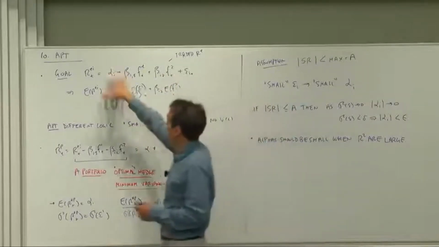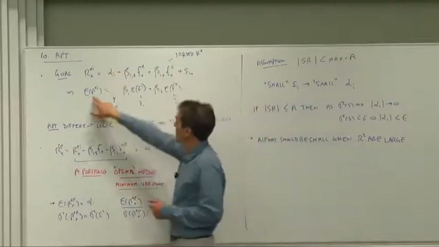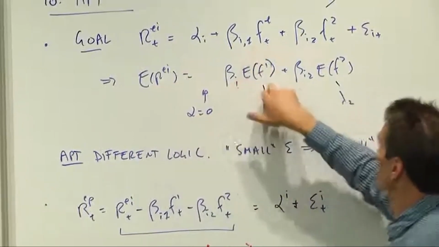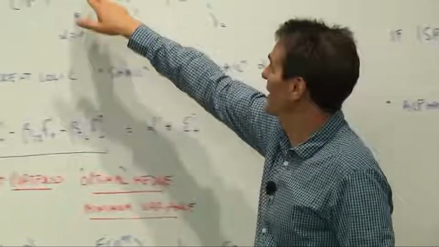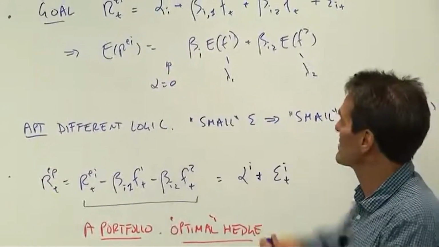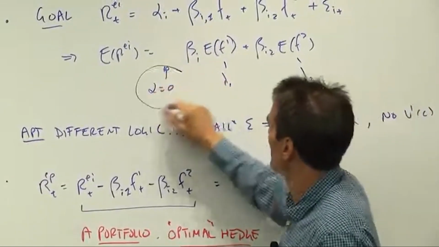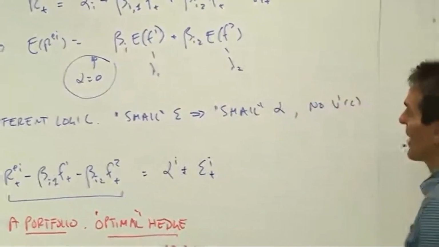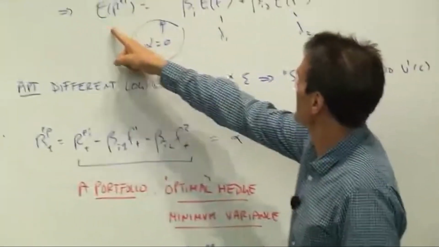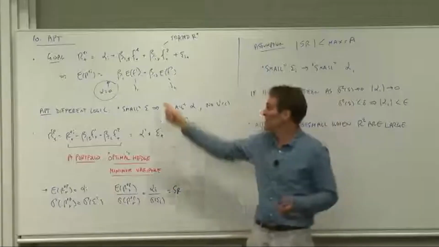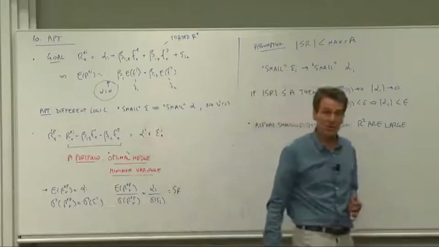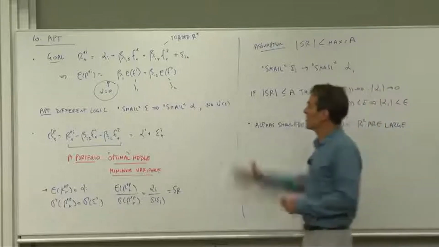If we take the average value of such a regression, we get expected return is beta 1 times expected factor 1, plus beta 2 times expected factor 2. We would normally get an alpha there, but our goal is to find some logic that the alpha should be 0. If the alpha is 0, then the expected return is higher where the betas are higher, with the expected values of the factors as slope coefficients. So again, that's just a factor model.